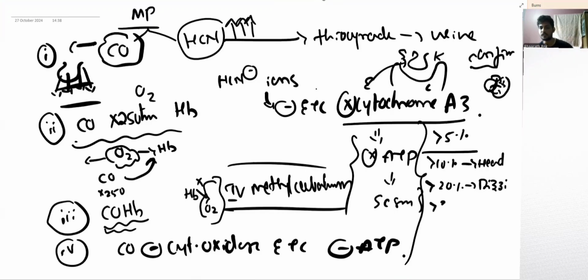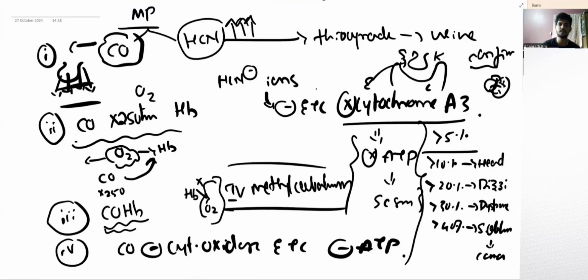If it becomes more than 30%, the patient develops dyspnea. If it becomes more than 40%, the patient will have severe obtundation and can go into coma. That is why altered sensorium is also a factor that points towards inhalational injury, especially carbon monoxide poisoning. So these are the percentages along which the severity increases.